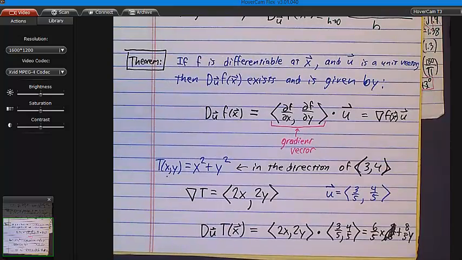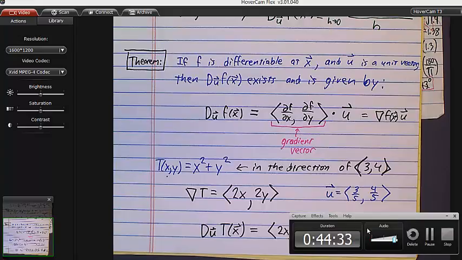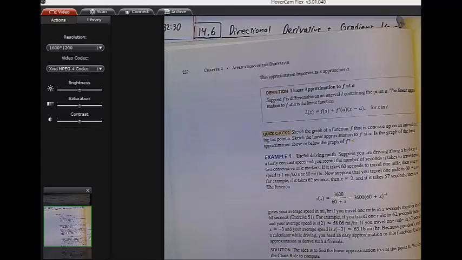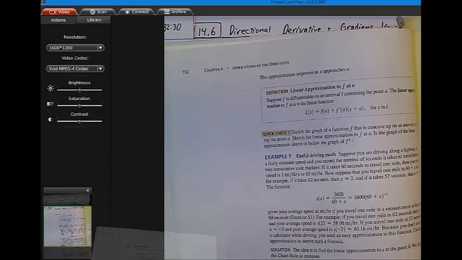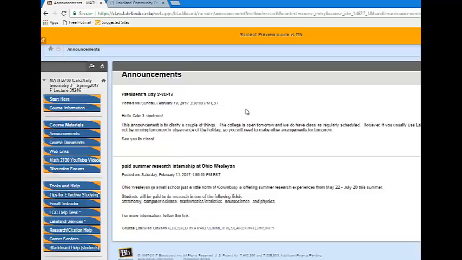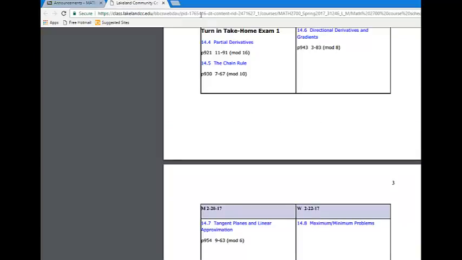All right, we'll do more next time, guys. Just start by talking about schedule details a little bit. Here's your Blackboard page, here's your schedule.